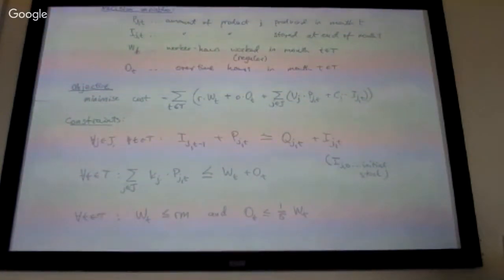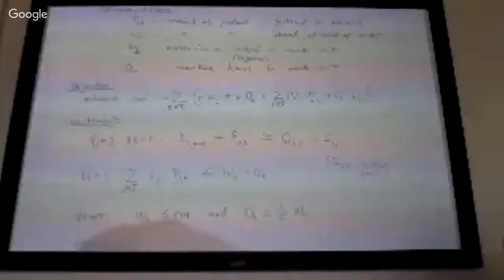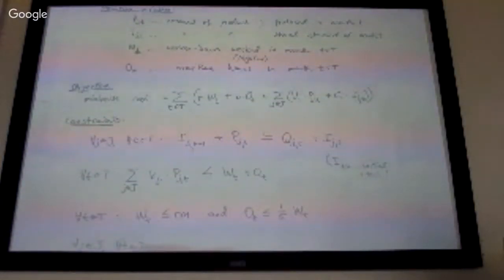You could probably interpret these things in various ways if you insisted. And of course, you always need non-negativity constraints, so P_JT and I_JT and W_T and O_T are greater than or equal to 0.